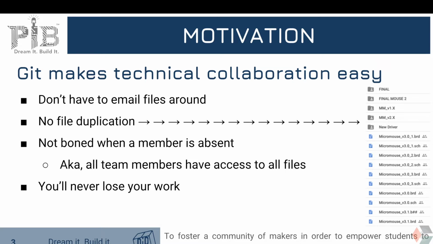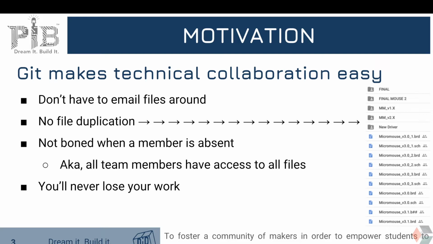Another really good advantage is that when a team member is absent, say you have someone who has made 3D models and you're using GitHub to store your SolidWorks files, if one member has those files and they are absent at a meeting, the entire meeting can be made useless if you can't move forward without them. By using Git, everyone has access to all files at all times, and if you use it properly, it'll be the most updated version of that file.